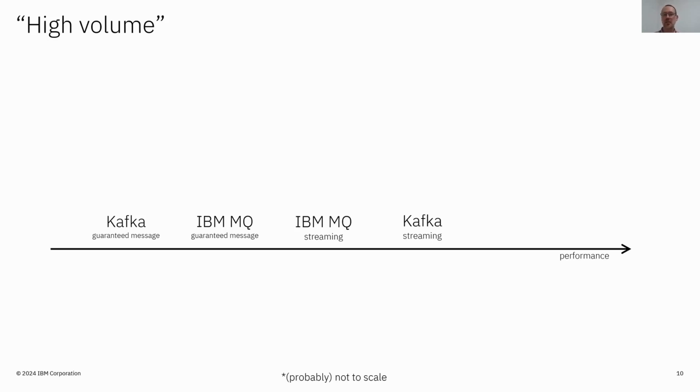And experience has shown that Kafka, while it can do guaranteed message scenarios, you have to switch off so many of the optimizations that make Kafka great for streaming scenarios. It really slows it down quite a lot. And obviously, if you're really just worrying about pure speed here, you could say the whole point of messaging is to add value above and beyond pure speed.